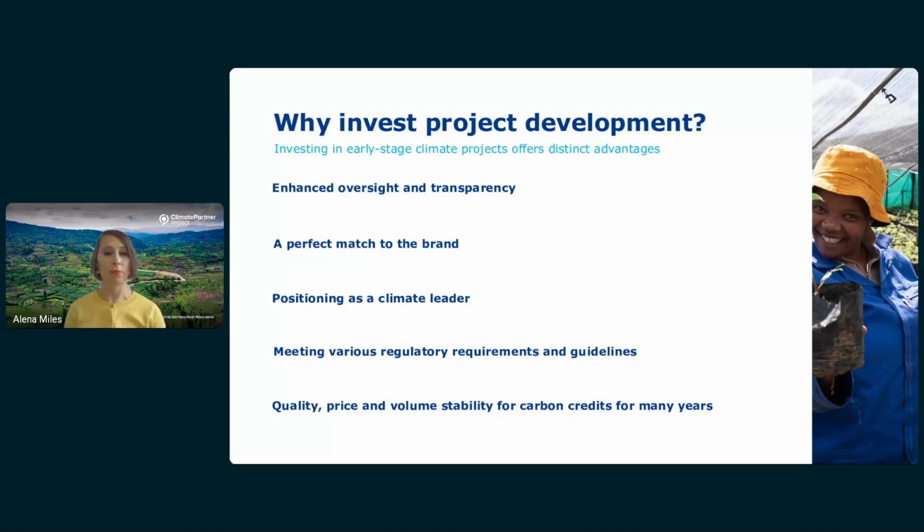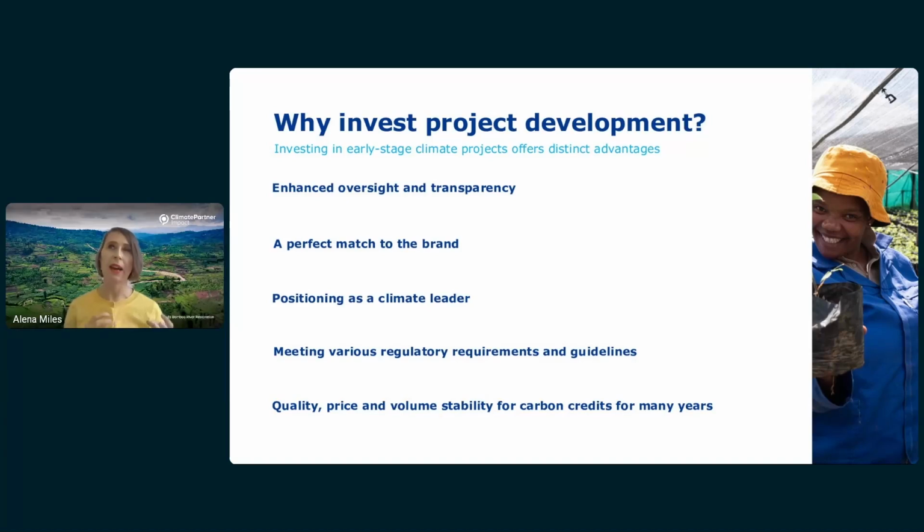There are obviously the net zero commitments from various corporates. We all know about that. But what many people don't realize is how large a role the compliance markets are starting to play here as well. So we've got things like CORSIA, which is the aviation scheme, where airlines would have to either invest into sustainable aviation fuel or get involved in voluntary carbon markets and invest in qualifying projects.